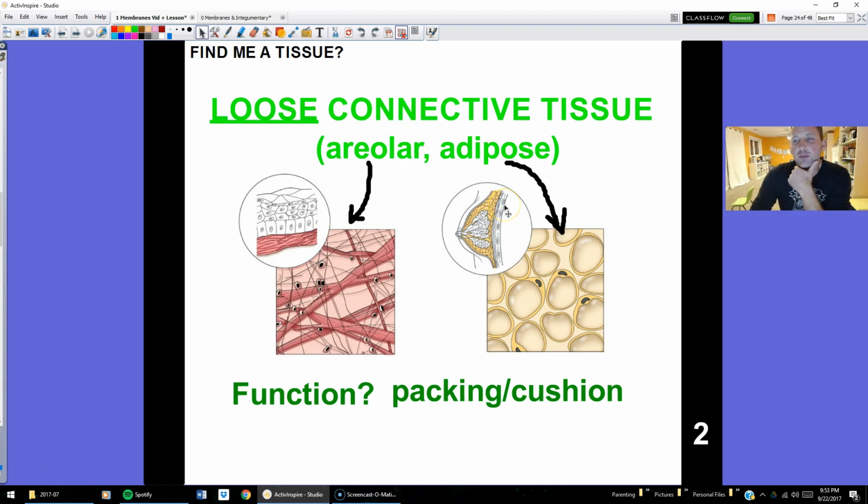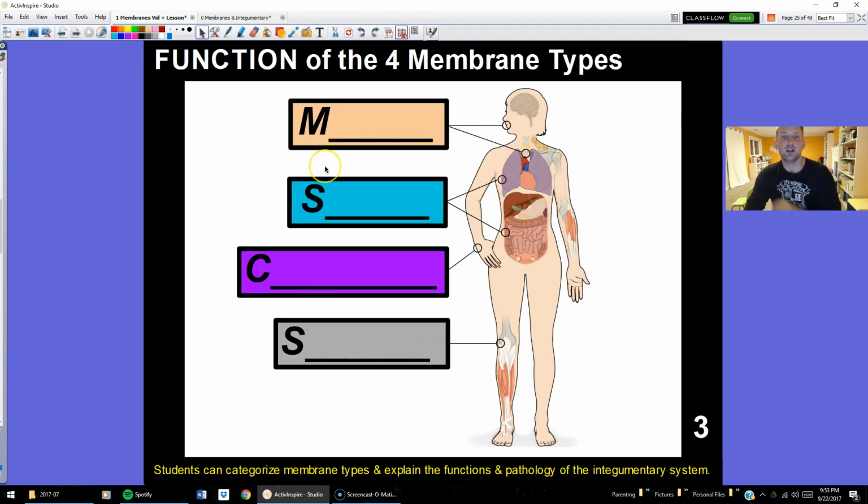Adipose is fat you find all over your body to insulate and support. You also find this adipose fat not just underneath your skin, not just around mammary glands, but you also find it in those synovial membranes. So fat is necessary. Loose connective tissue is necessary.